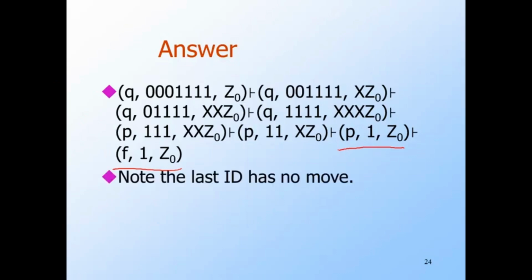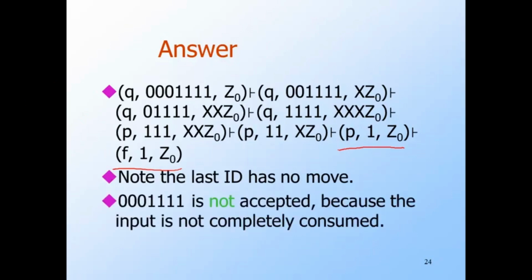State F has no transitions, so the sequence cannot be extended and the last 1 can never be consumed. We conclude that 0, 0, 0 followed by 4 ones is not accepted because the input was not completely consumed even though we entered a final state in the middle of the process of consuming the input.